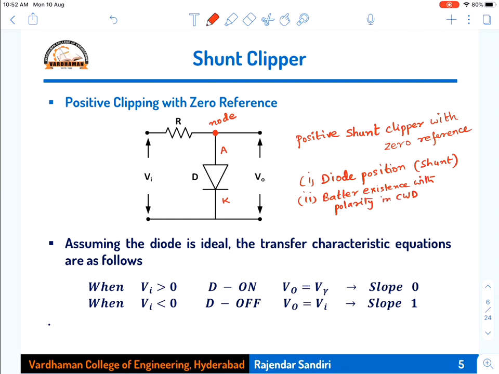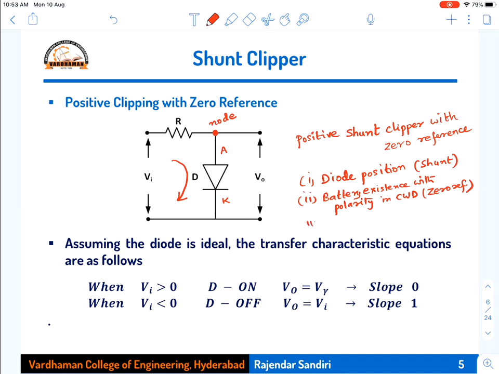CWD means clockwise direction. Suppose if you see, this is the clockwise direction. Actually, there is no battery here. So therefore we are unable to tell that, but battery existence with polarity in clockwise direction. Here there is no battery, therefore I can say it is zero reference.